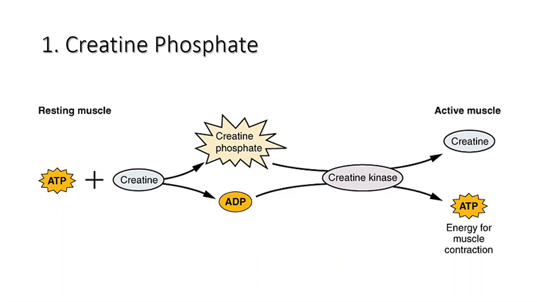Thus, creatine phosphate derived ATP powers the first few seconds of muscle contraction. However, creatine phosphate can only provide approximately 15 seconds worth of energy, at which point another energy source has to be used.